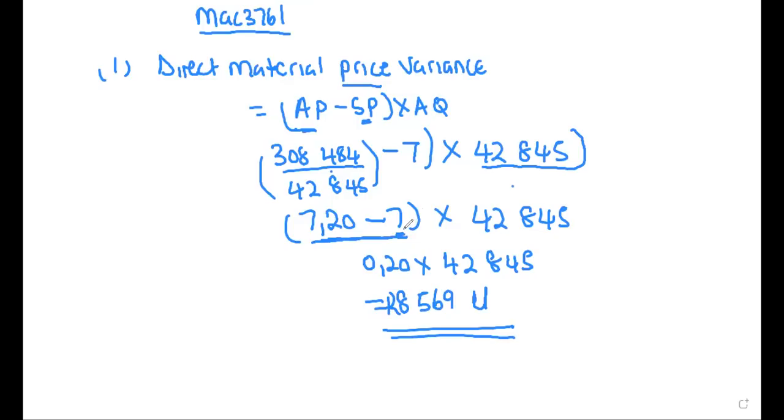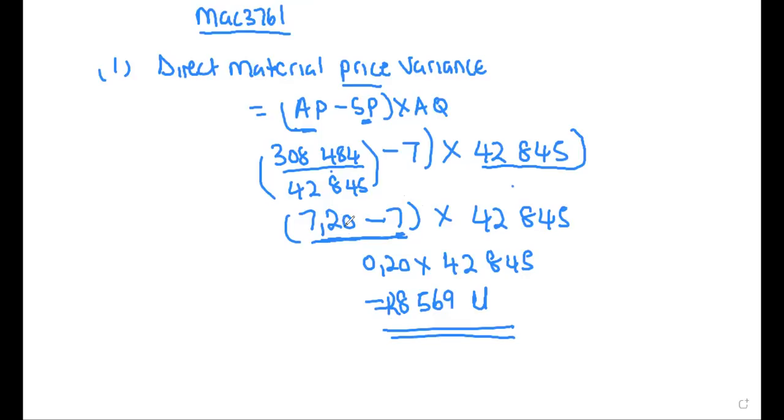Say your monthly transport allowance: you were expecting to use 7 rand for the whole month, but the actual now becomes 7 rand 20. So in your pocket, you have to fork out more money. So it's going to be unfavorable in that case because you are now going to spend more than what you did not budget for.